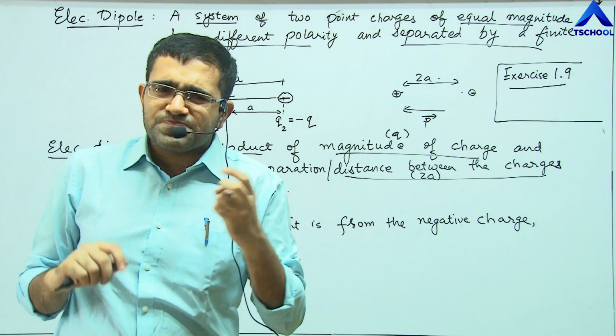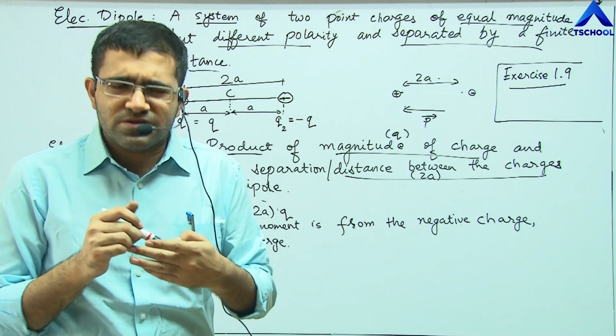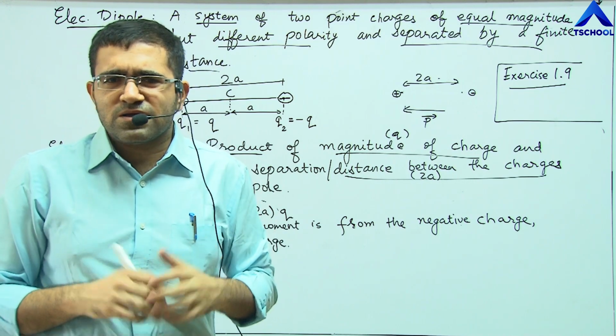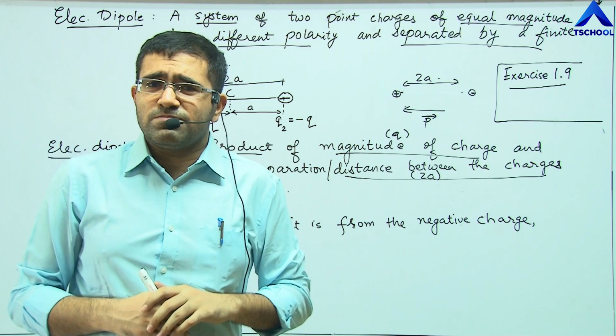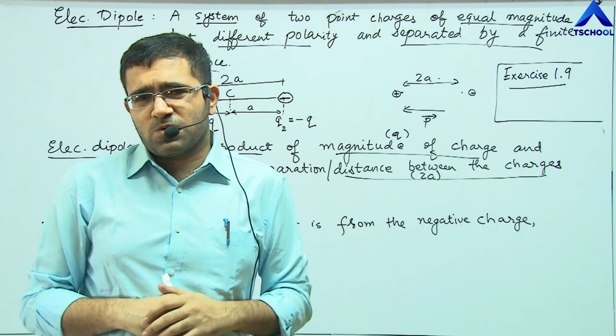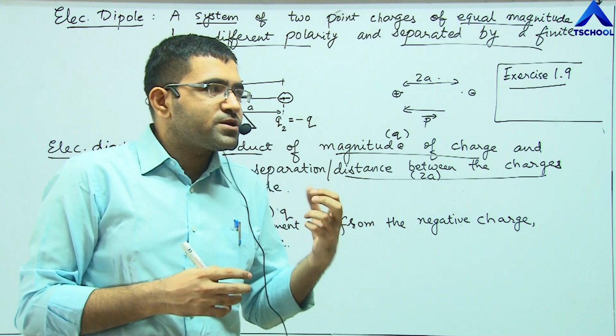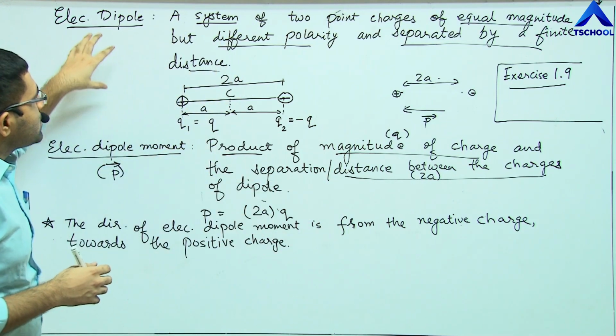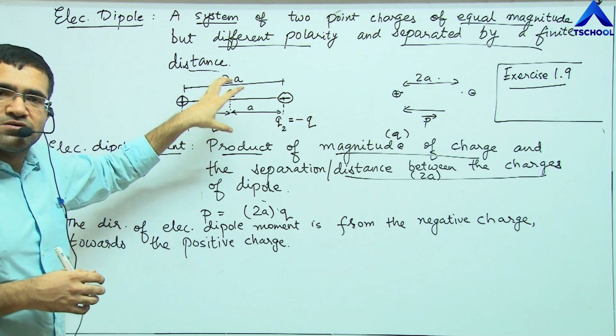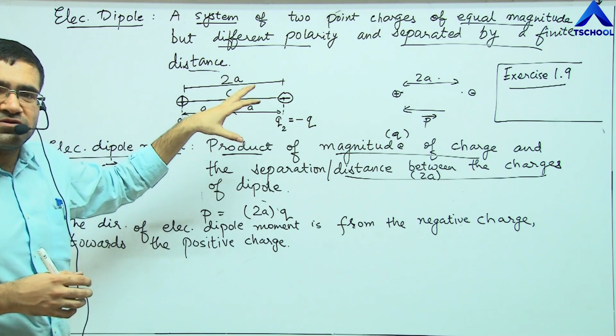All right, so I really think that's it for this class, right? The next time we are going to find out and solve questions related to the electric field created by such a system, such a dipole, right?